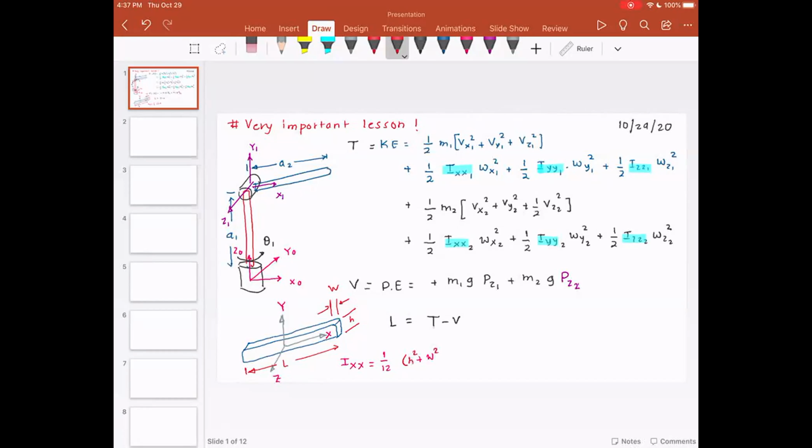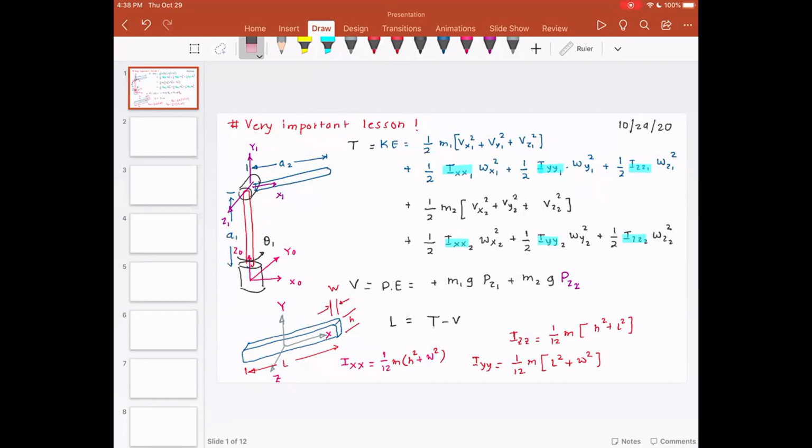Iyy is 1/12 M (L square plus W square), and Izz is equal to 1/12 M (H square plus L square). Oh yeah, this is not right. Just, yeah, Vx, that is how it is.